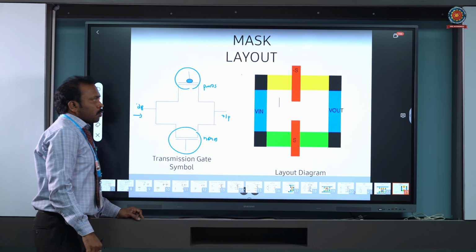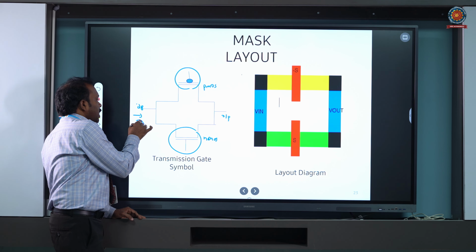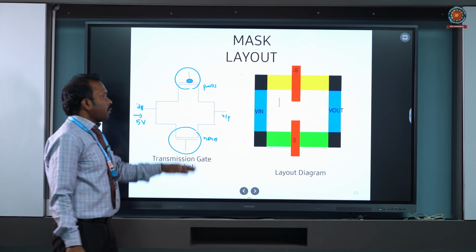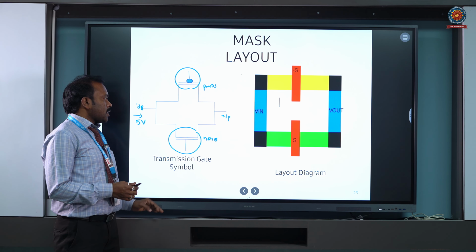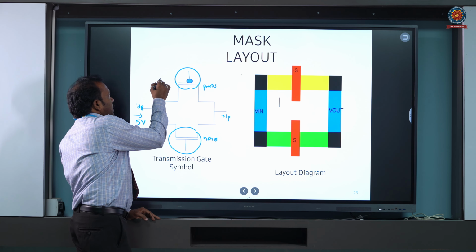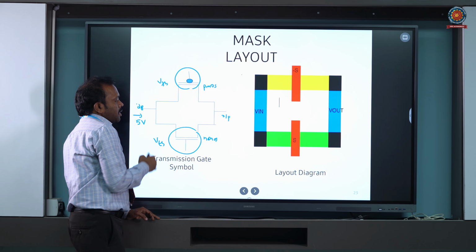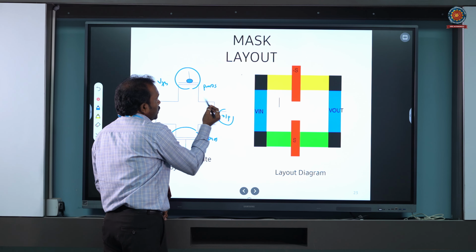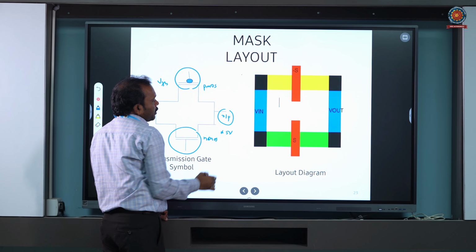It is used to transfer the level of voltage, where let us say my input voltage is 5 volts. I want to transfer the same 5 volts to the output side, and the threshold voltages, VTH of the PMOS transistor and VTH of the NMOS transistor, will affect the output of this transmission gate. It will not be exactly equal to 5 volts, it will be a little bit down.